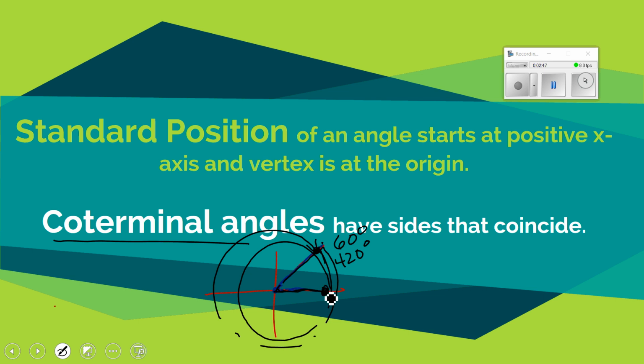You actually start from here. So what would the rotation to here be? Negative 300. So all three of these are coterminal. Does that make sense? Because they terminate in the same spot. It just depends on the rotations of them.